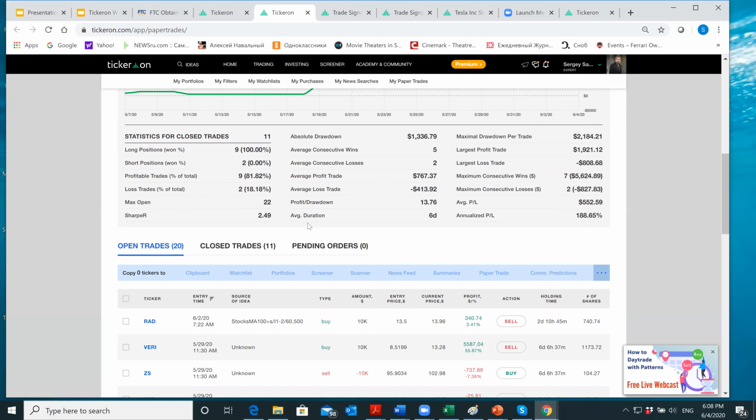Then look, the average profit I was making within this month was $700, and average loss $400. This is a really good ratio for a trader, where you have more profit and no collateral loss. This is really important data you're going to find out about yourself. And my average duration of a trade is 6 days. Okay, I kind of understand that.